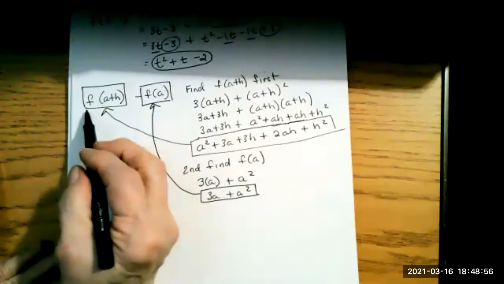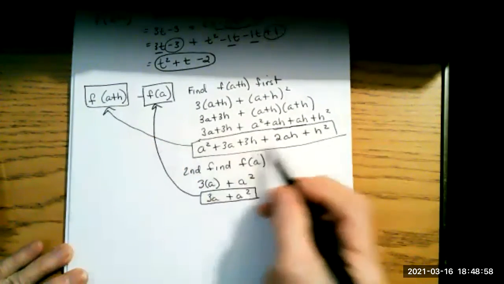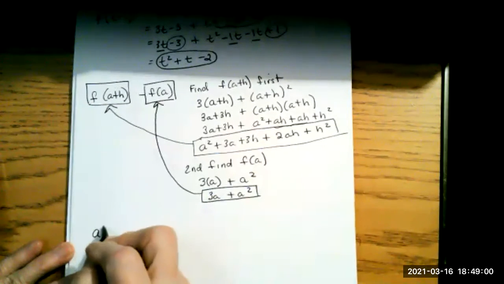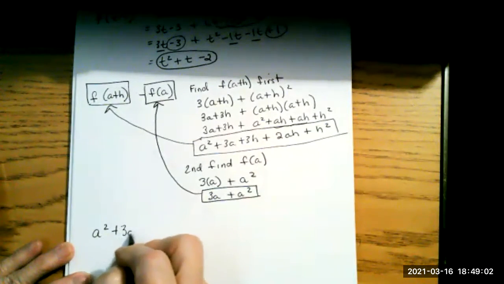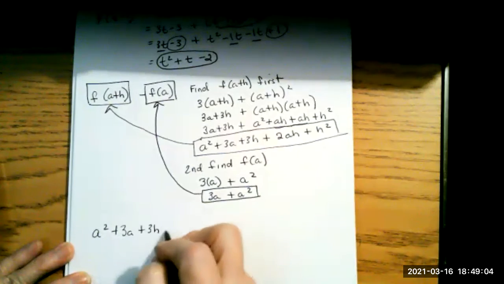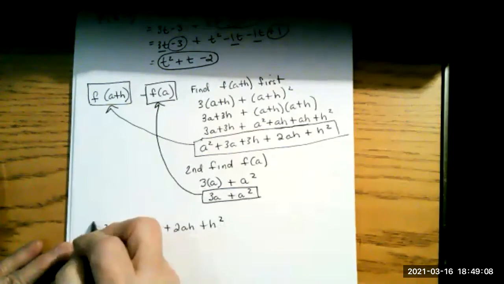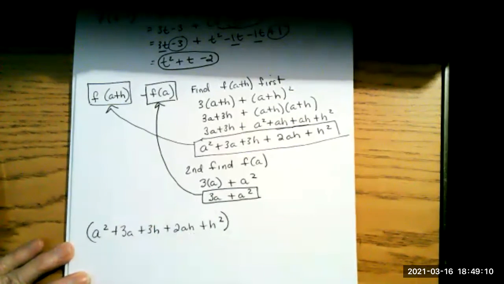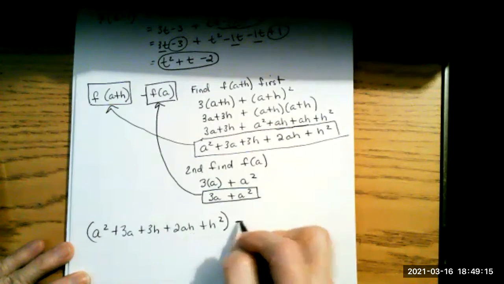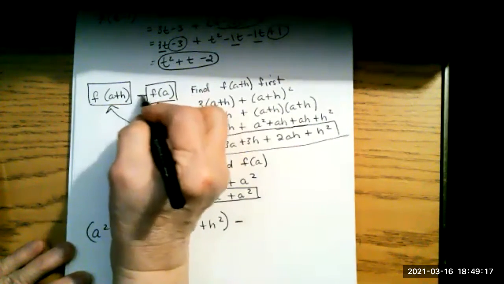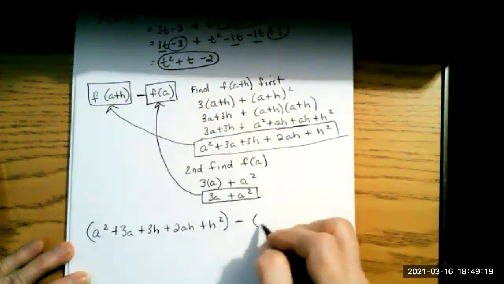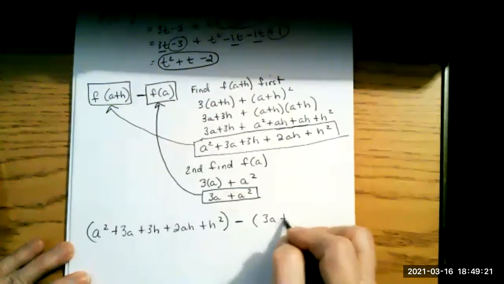The first one is f of a plus h, which is this long thing here. A squared plus 3a plus 3h plus 2ah plus h squared. That's my first thing, and I'm going to put it in the parentheses. My minus is in the middle. It's right there. And then I'm going to put my second thing in the parentheses.